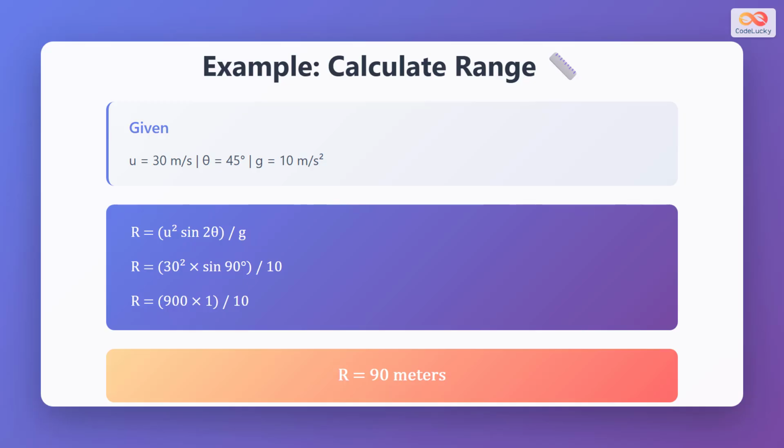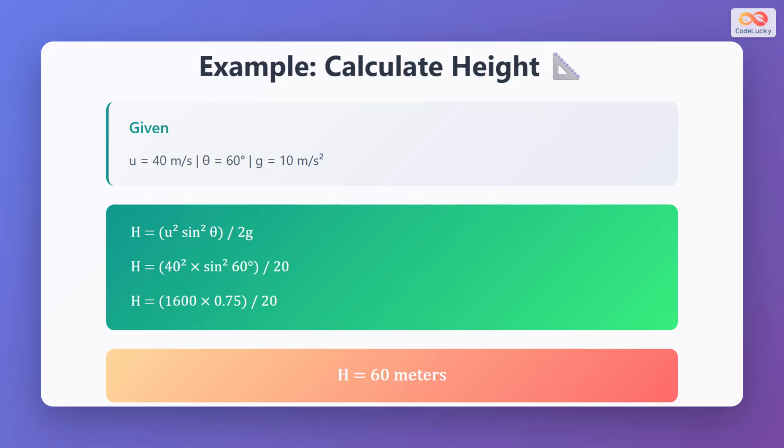Remember, 2 times 45 degrees equals 90 degrees. 30 squared gives us 900, and sine of 90 degrees equals 1. So we have 900 times 1 divided by 10. This simplifies to 90 meters. Therefore, the projectile will travel a horizontal distance of 90 meters before landing.